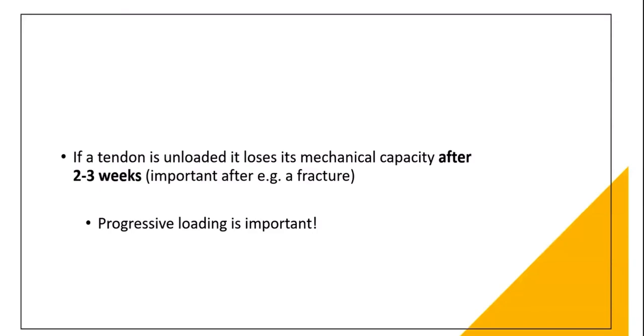So that's really important to realize, because if you see a patient who had a fracture, and of course because of this fracture he's not that active as he was before, we have to realize that this has consequences in his tendons. So when we are revalidating this patient, progressive loading is going to be super important. I repeat that again, progressive loading is important.